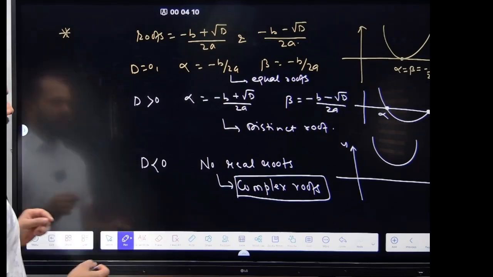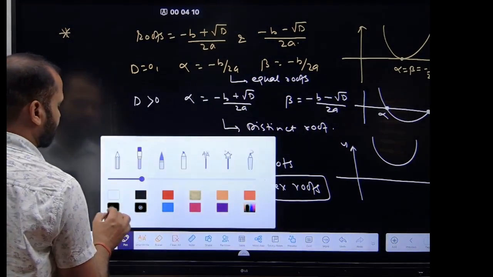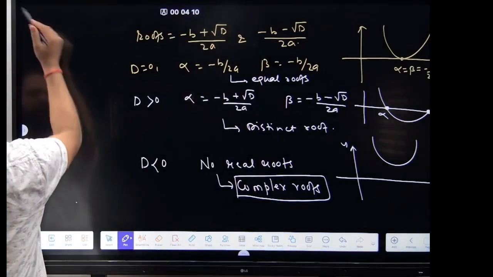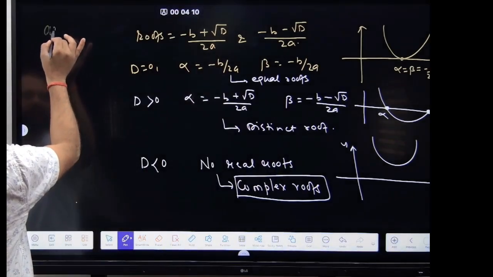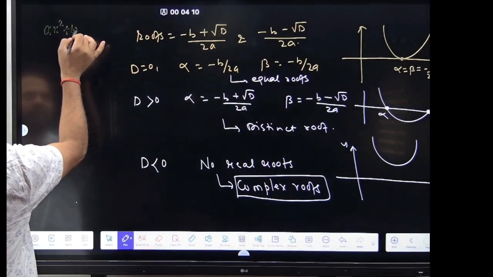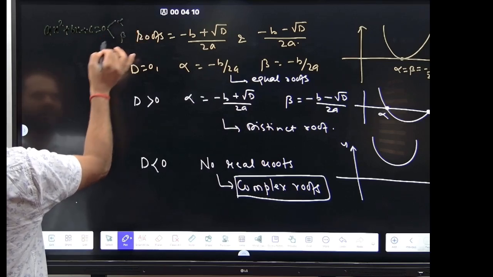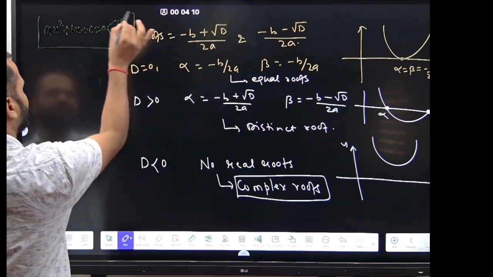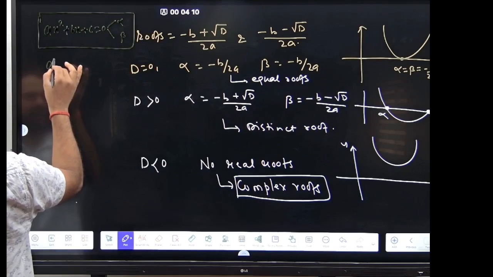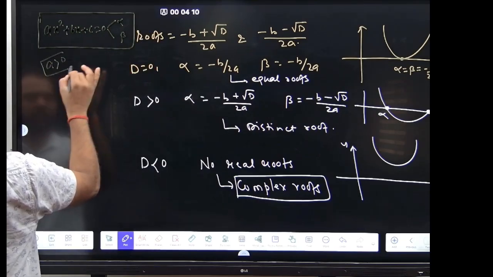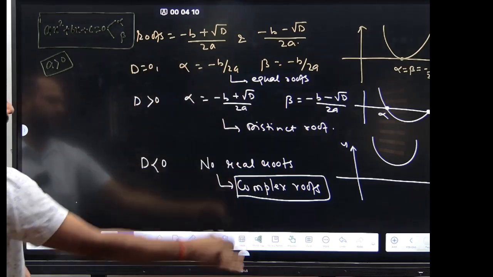But all this is valid only for the assumptions I am taking. What quadratic equation did we take? The quadratic equation was ax square plus bx plus c is equal to 0, right? Alpha, beta are the roots. One assumption we had taken is that the leading coefficient should be positive, and then we concluded all these things.